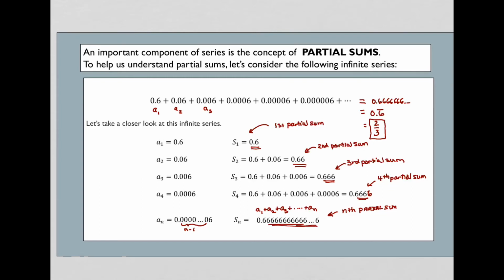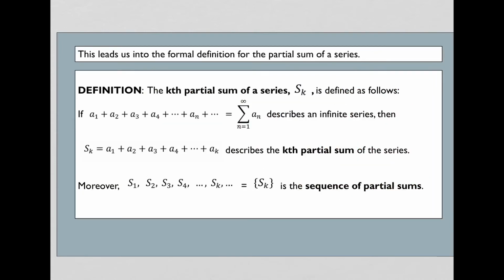So now that we've looked at a specific example involving partial sums, let's take a more general approach. Let's look at the formal definition for the partial sum of a series. So now this is our symbols and our math language. Definition: the kth partial sum of a series, S sub k, is defined as follows.